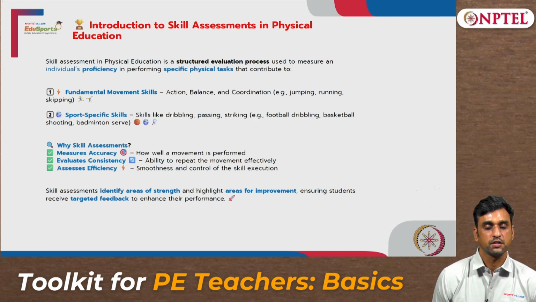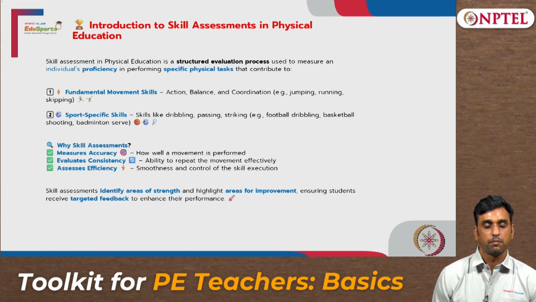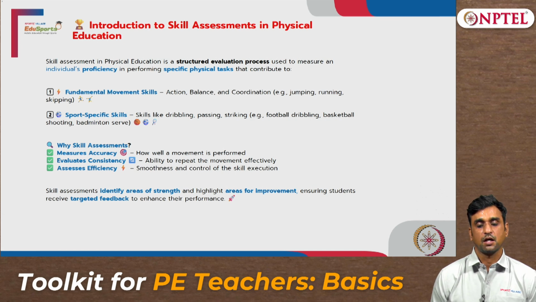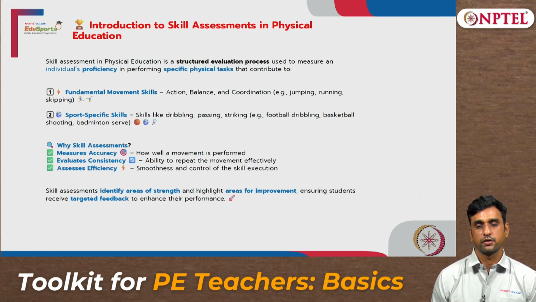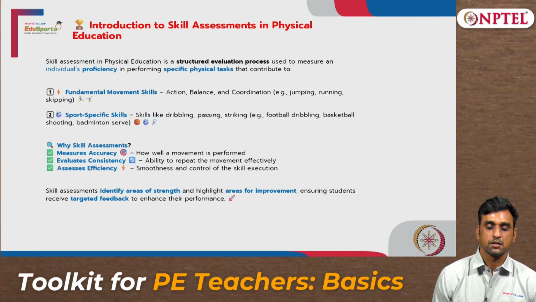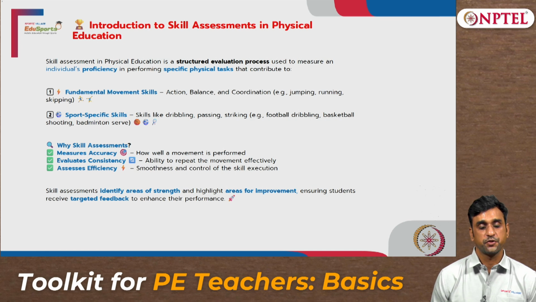So skill assessment in physical education is a structured evaluation process used to measure an individual's proficiency in performing a specific physical task that contributes to either fundamental movement skills for lower grades, which is like action, balance, and coordination. So these skills include your jumping skills like your leap, skip, jump, your running skills, your other manipulative skills with objects, non-manipulative skills like balance.